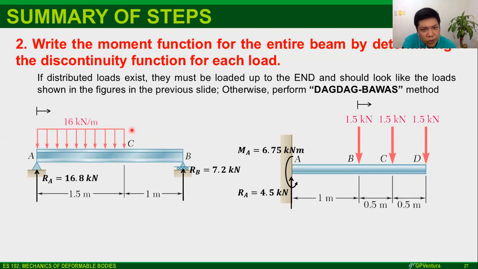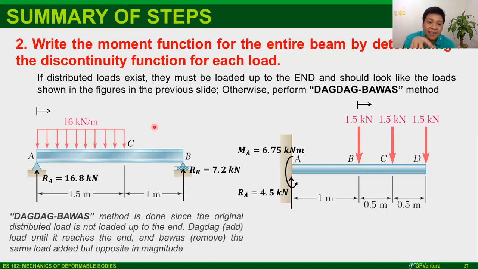And you can notice that the distributed load is not loaded up to the very end. Therefore, I need to perform dagdag bawas, meaning I need to add such that the distributed load is loaded up to the very end, and it should look like what I have shown in the previous slides.